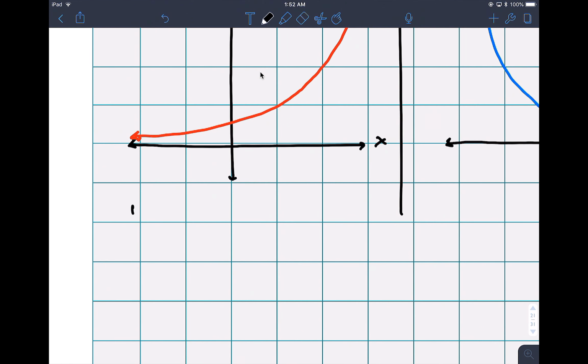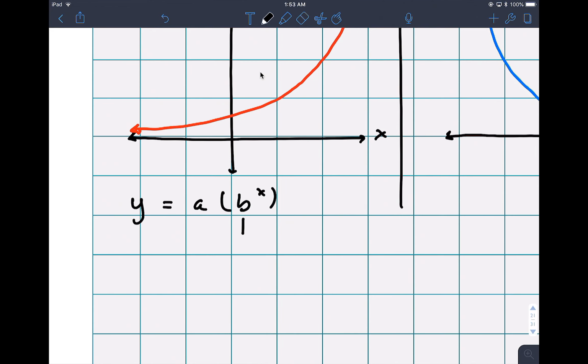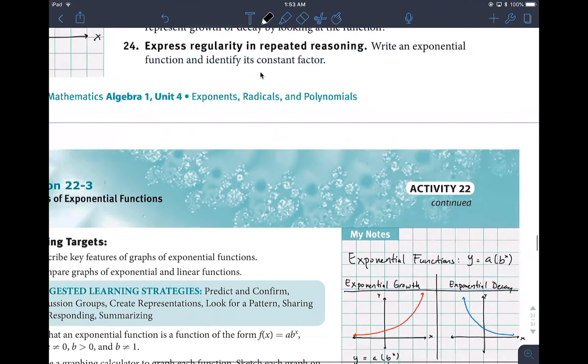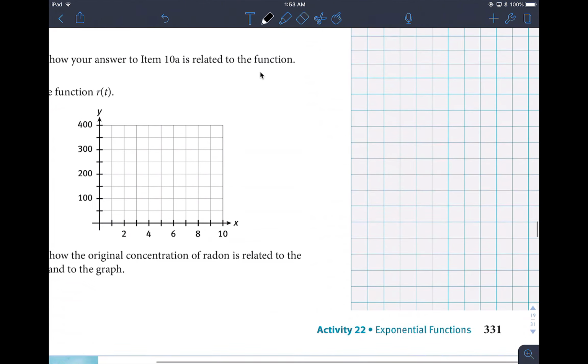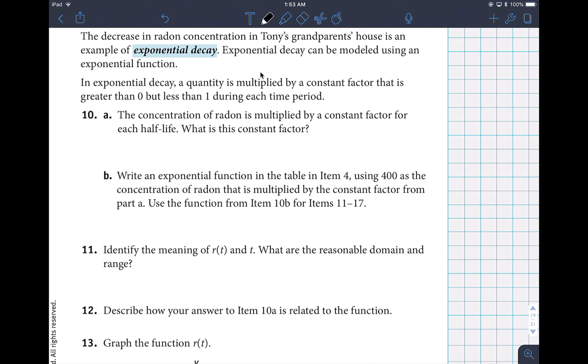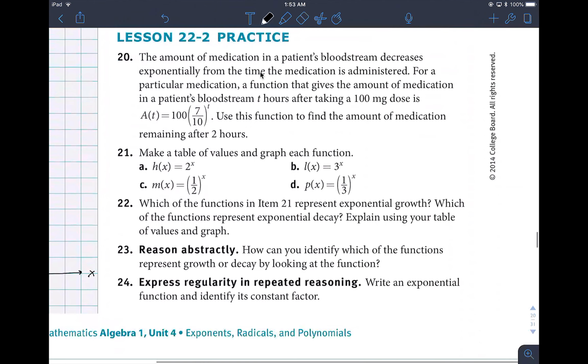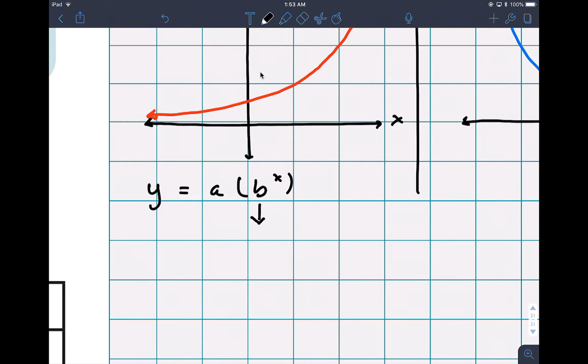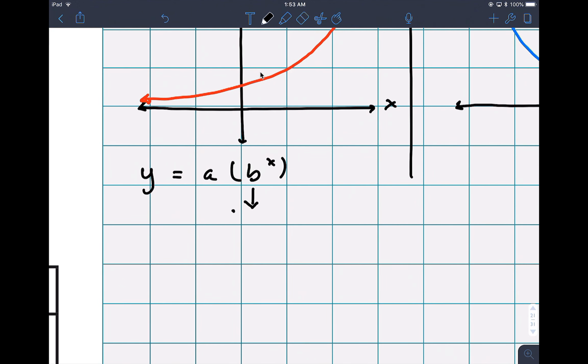So again, the function looks like this: y is equal to a times b to the x power. This component b is what we call the, let me make sure I use the right term from the book. It has different names. It's called a constant factor. So this is what we call the constant factor.